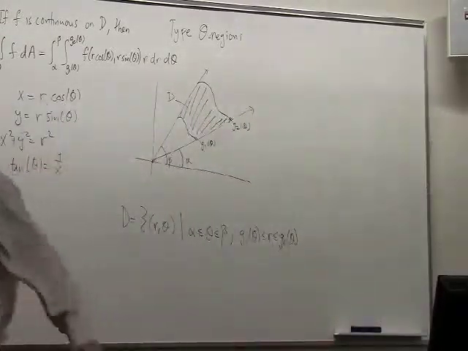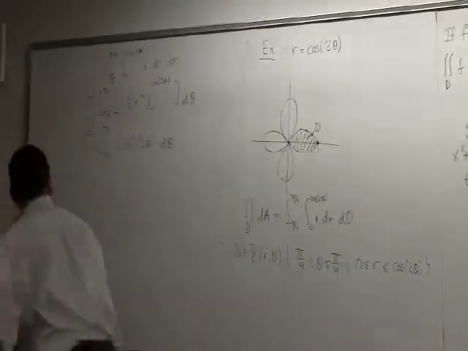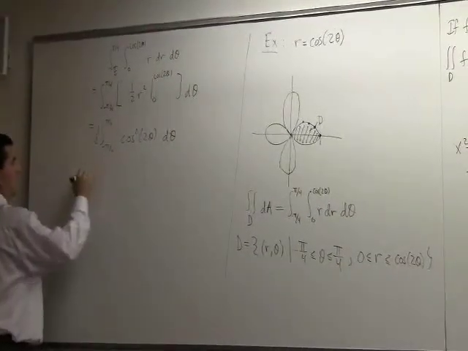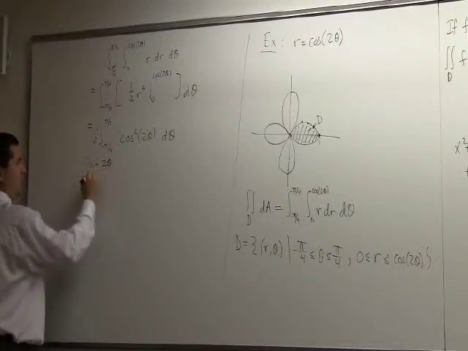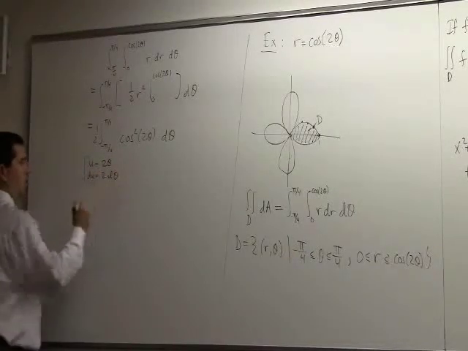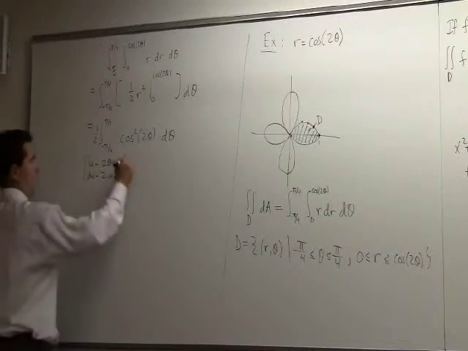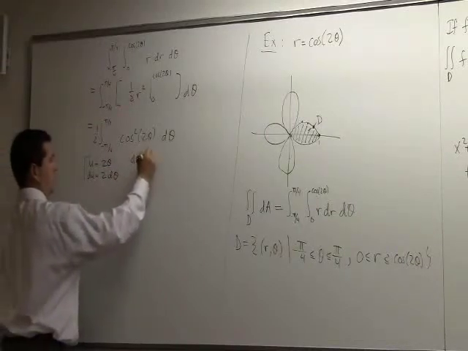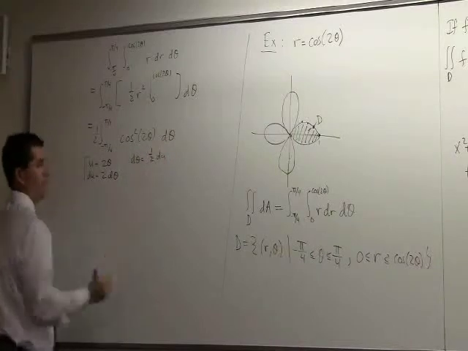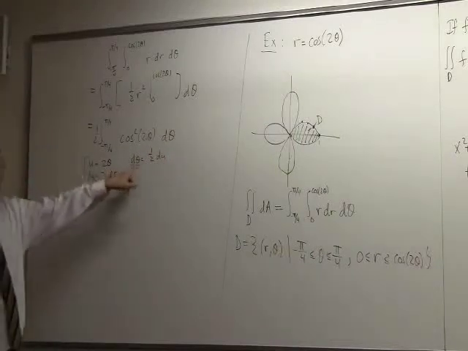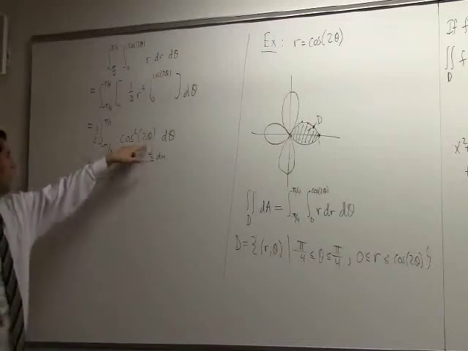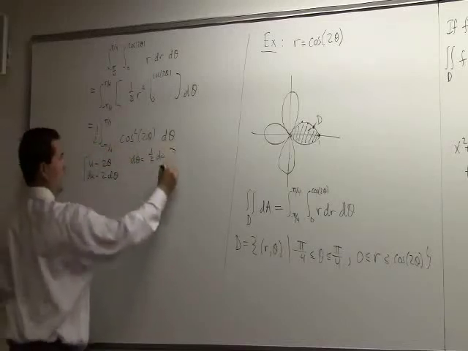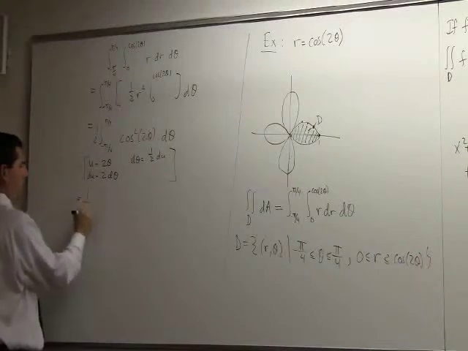If we do the substitution u equals 2 theta, then du equals 2 d theta, or if you like, d theta equals a half du. So if I want to replace my d theta, I just put a half du, and that will pull another half out. So I get a fourth.